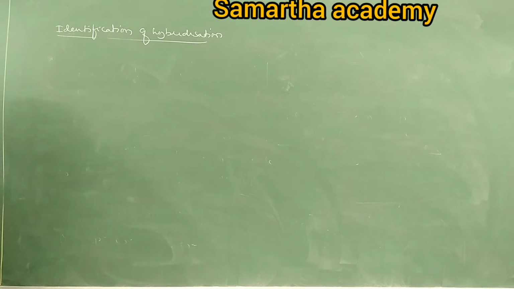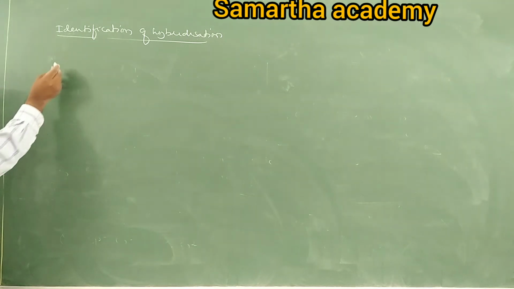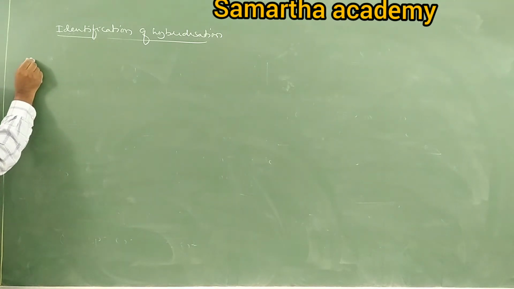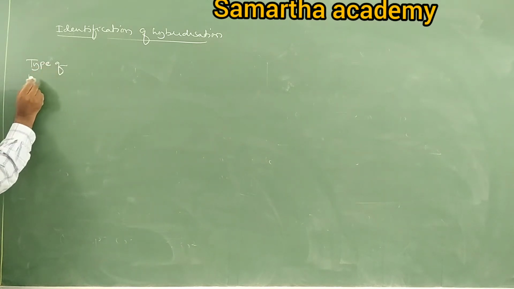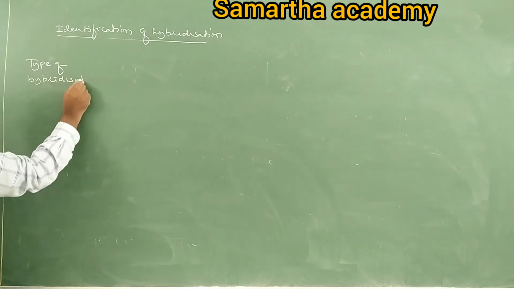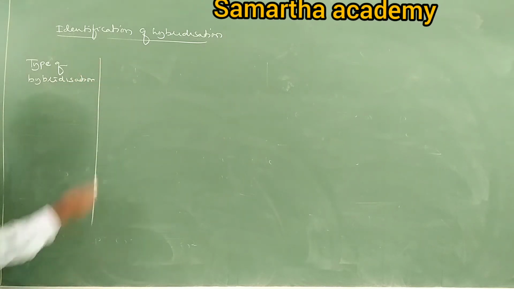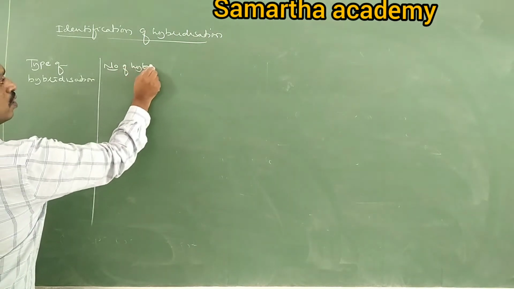Before going to identification, we need to remember some important concepts. First, take this tabular column: type of hybridization and number of hybrid orbitals.